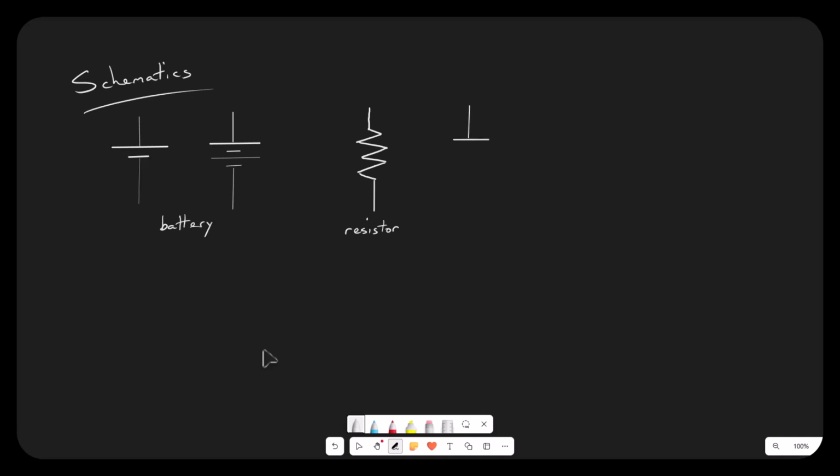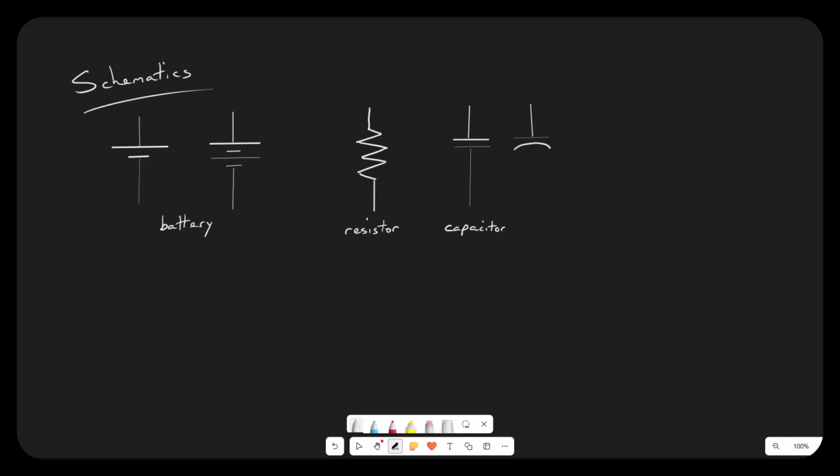A capacitor looks like this, and it looks like a battery. With a battery, we've got a long line and a short line. With a capacitor, we don't. We've got 2 parallel lines. Sometimes on a multimeter, if you're measuring, you will see capacitance looking more like this, a capacitor drawn more like this with a curved line.